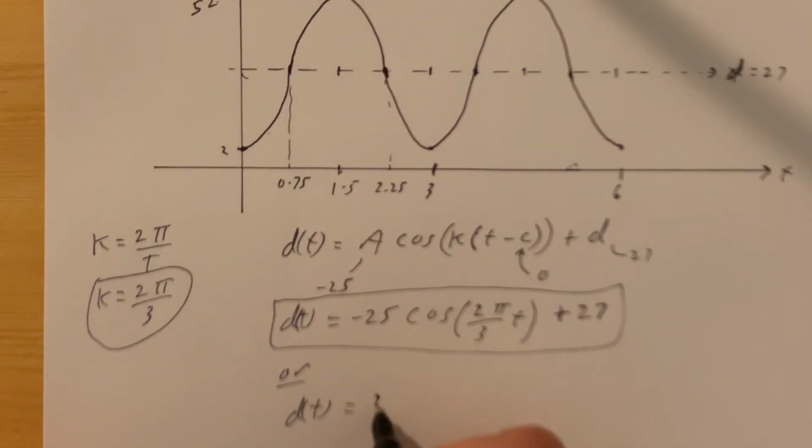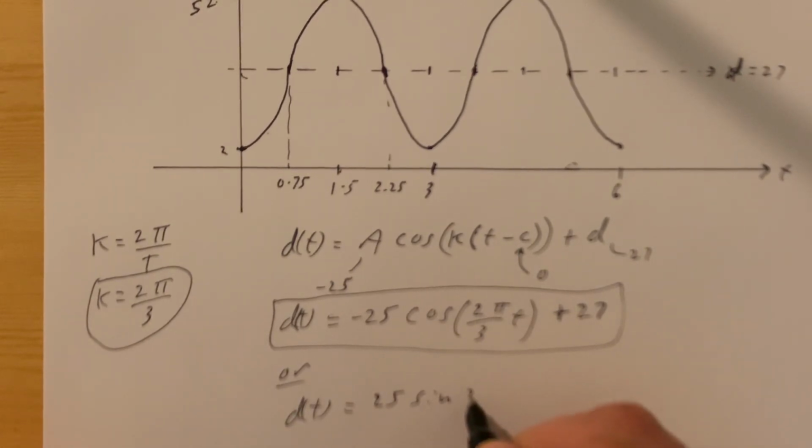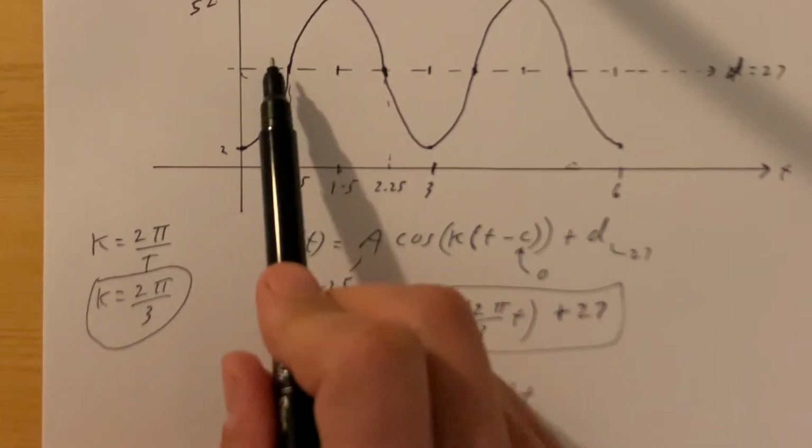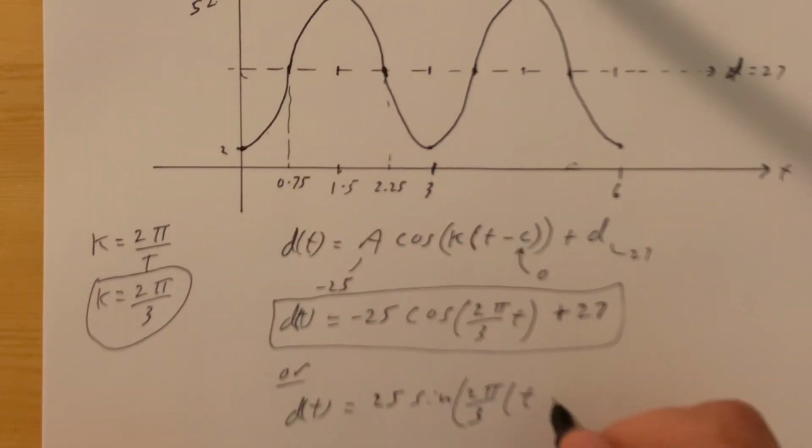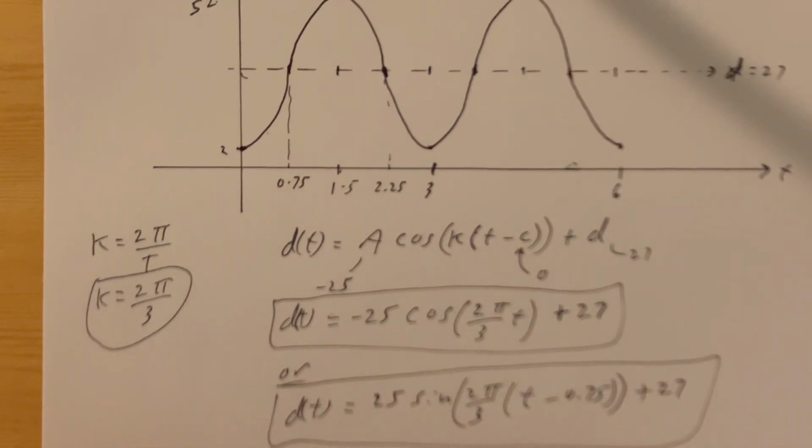Okay, so 25 sine(2 pi over 3, period's still the same, so the k value is still the same, t minus 0.75) plus 27. Because it's a sine function moved forward, I'm going to put minus 0.75. So this is another option for that function in terms of sine. Okay, that's it for that one.